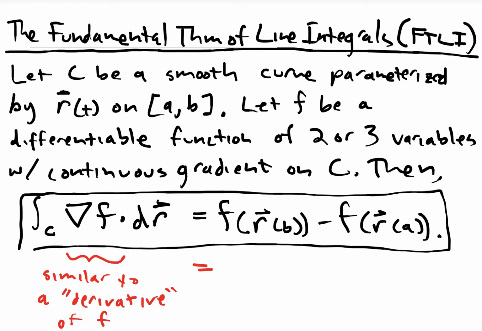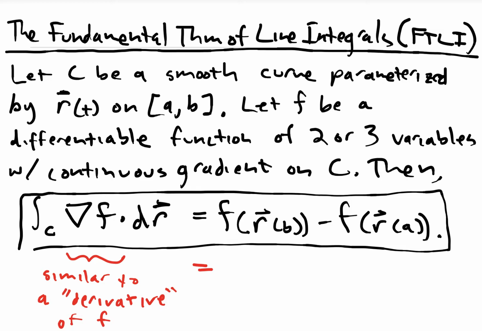You're taking all of your partials for this: fx, fy, and if there is a z, fz. And if you "anti-derive", think of me saying that with finger quotes around it, if we do something similar to an antiderivative operation, you would get the function f back, just little f, by itself.